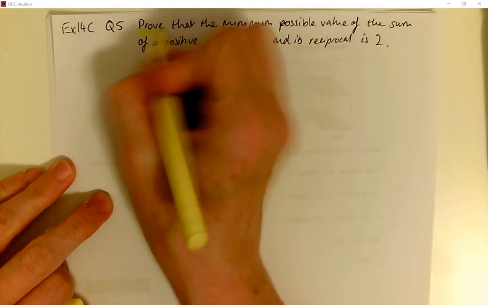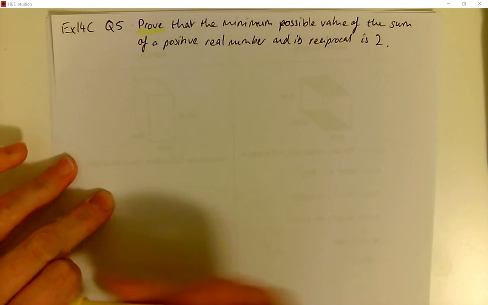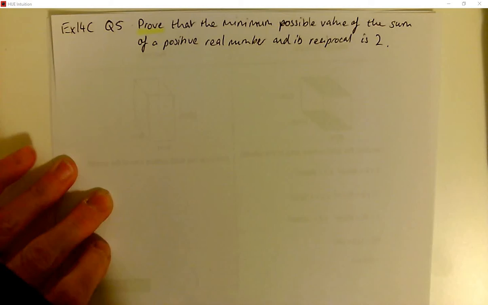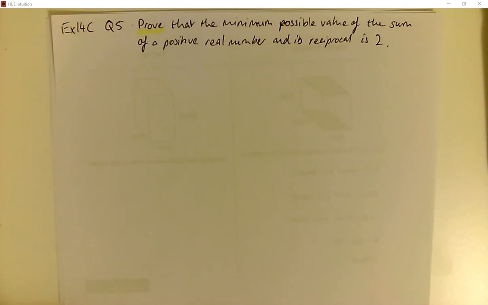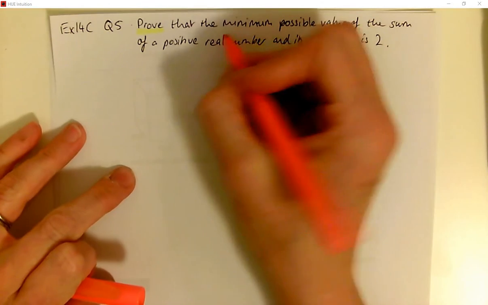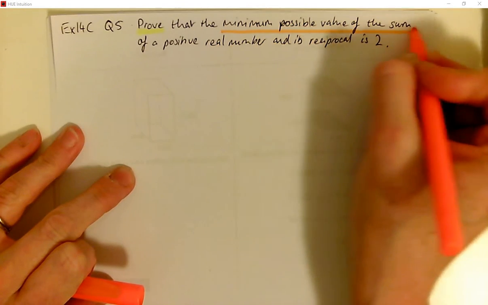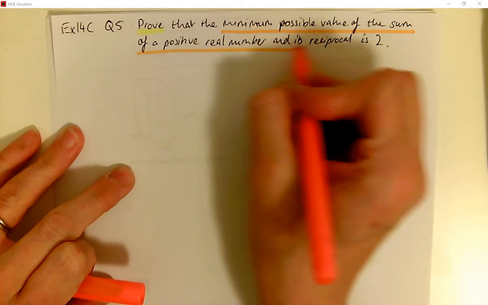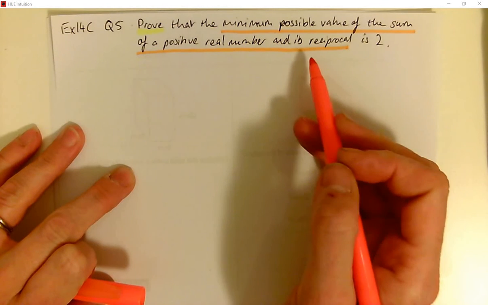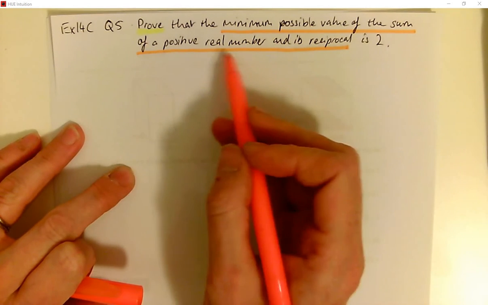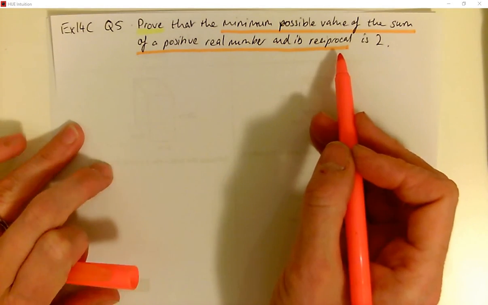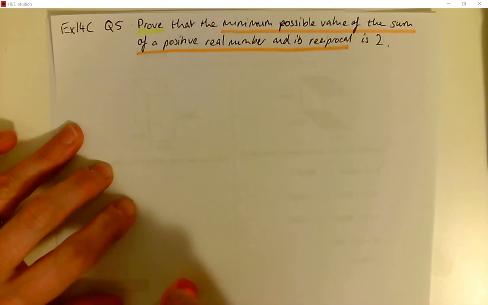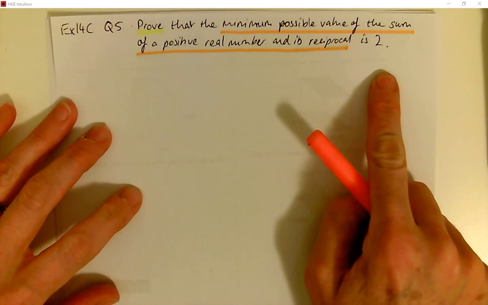First of all, prove means we can't mess about, we have to get a nice thorough step-by-step answer. So we want to minimize the sum of a positive real number and its reciprocal, which is a bit of a mouthful, and we've got to show that is 2.